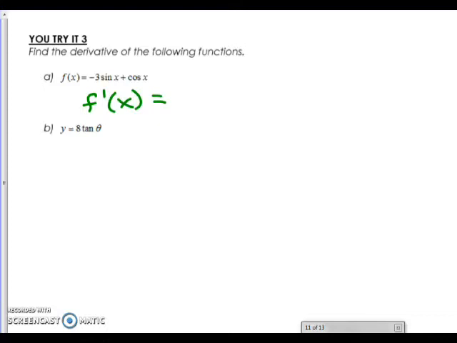Also, I could take constants out of the derivative, so you're just multiplying by the constant. So this one is going to be negative 3 cos x minus sine x. The derivative of cos is negative sine there.